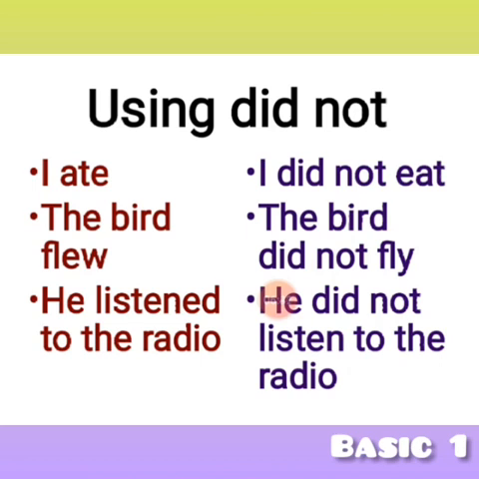Note that in the third sentence, the word listened is presented in the past, while the negative form of it is listen. After adding did not, that needs to be followed by listen, which happens to be the present form of listened.